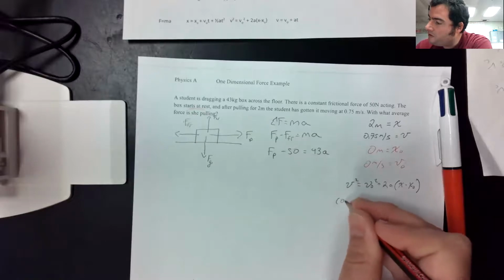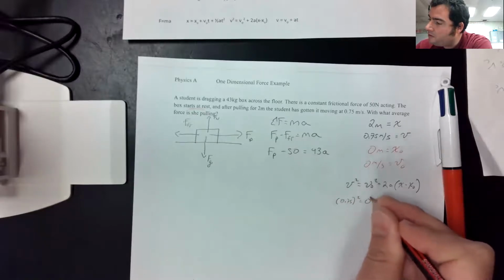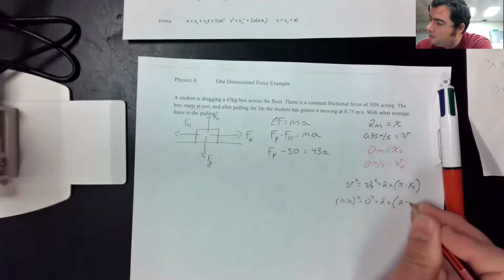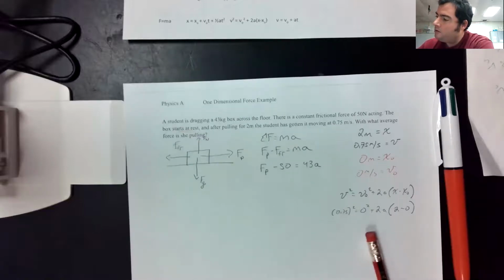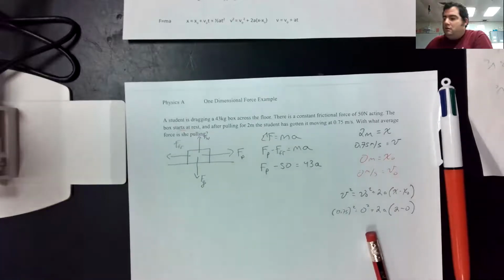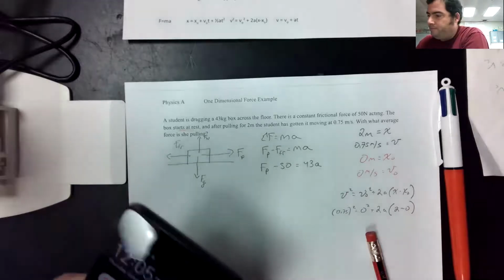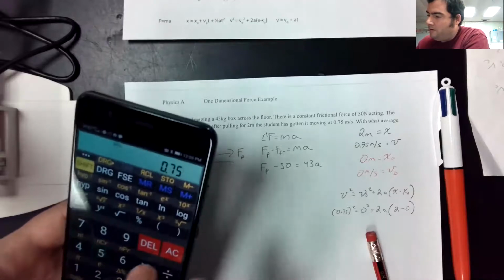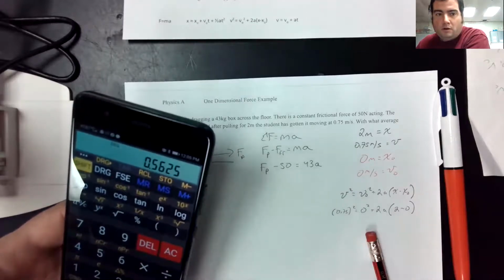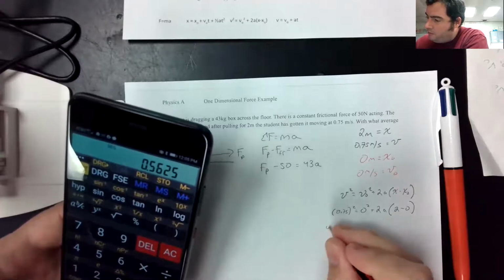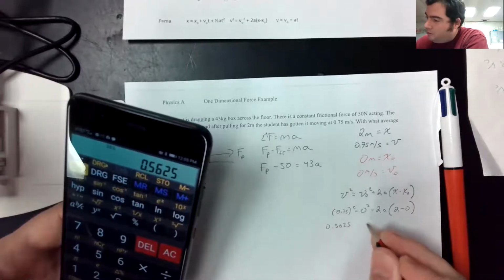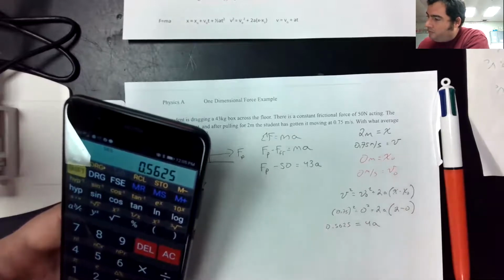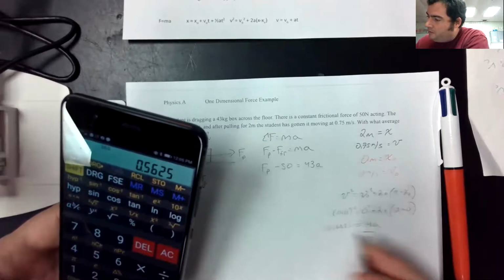So 0.75 times 0.75, 0.5625. That equals 4a divided by 4.